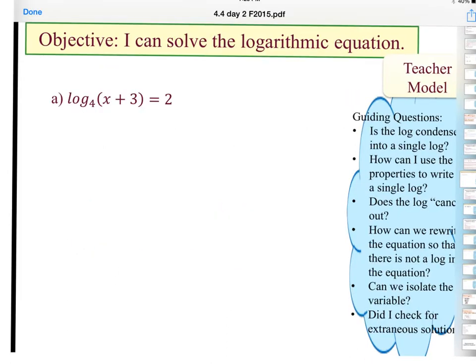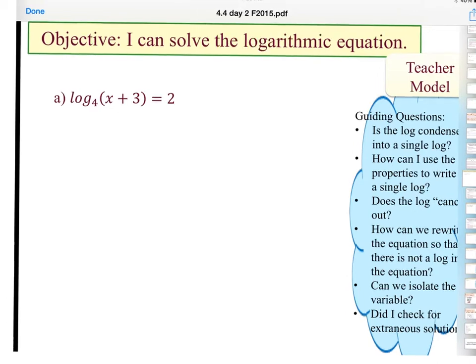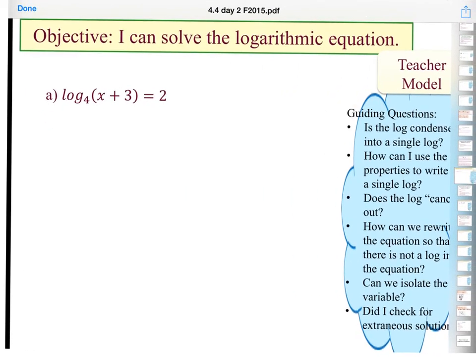Moving on to the teacher model, we want to solve this logarithmic equation. On the right hand side are some guiding questions that you can use. First I'm going to ask, do I need to condense this? Well, no, I don't, because there's only one log statement, so we can skip over that.